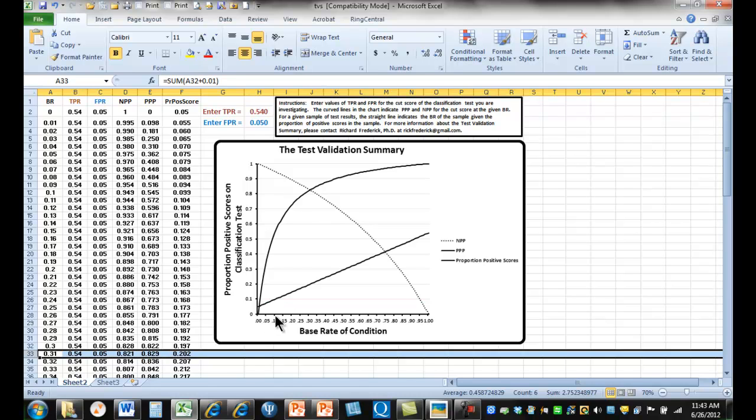So for this test, for the cut score that has the characteristic of false positive rate 5%, true positive rate 54%, when in your sample you see 20% positive scores, the base rate in your sample is actually 31%, not 20%. And a person with the positive score has an 83% chance of faking, and a person with a negative score has an 18% chance of faking.